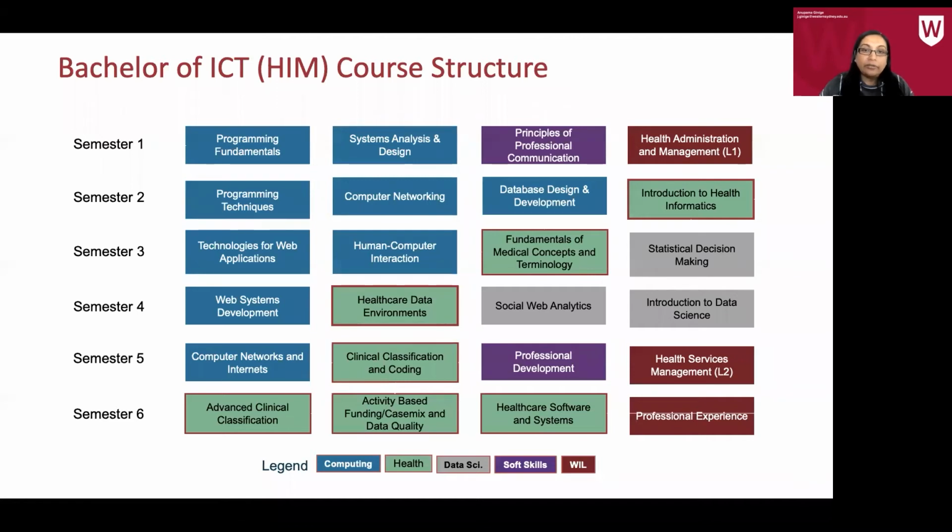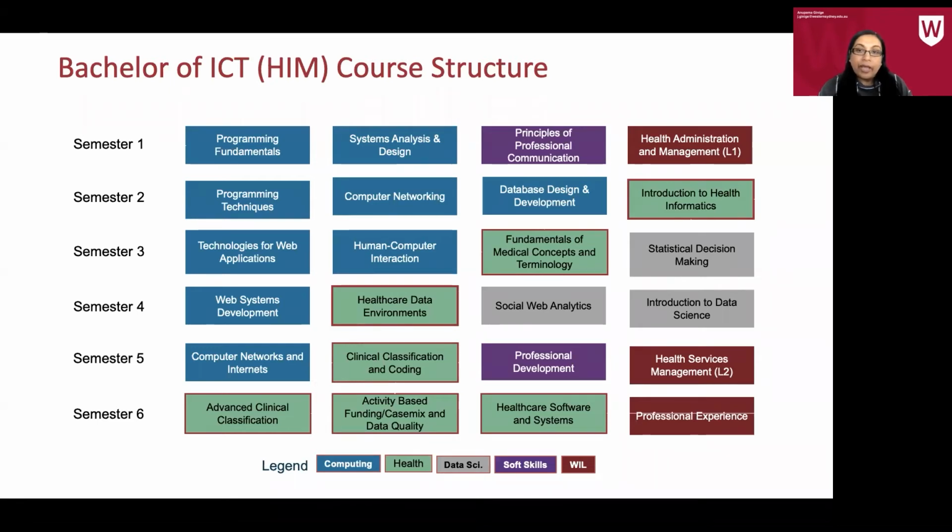If you read through it, you don't have to read through it, but you can see that there are a number of programming subjects, there are a number of networking subjects, and system analysis and design, database, various components that are very important in the health ICT sector, not just in the ICT sector, any sector for that matter, covered in these units that are represented in these blue boxes.